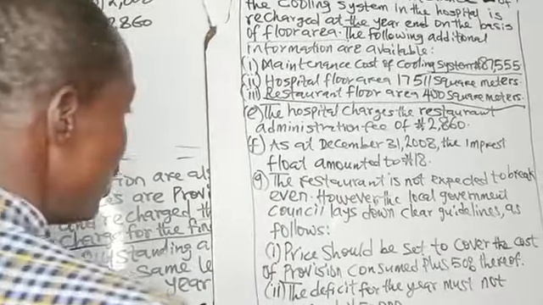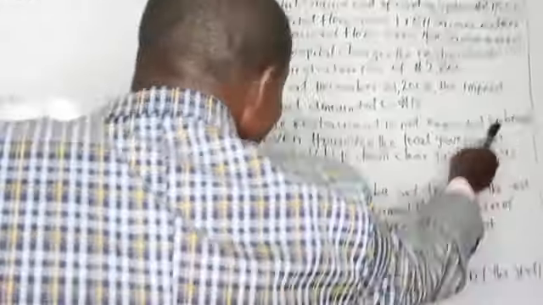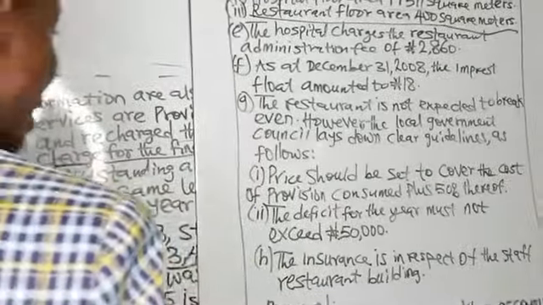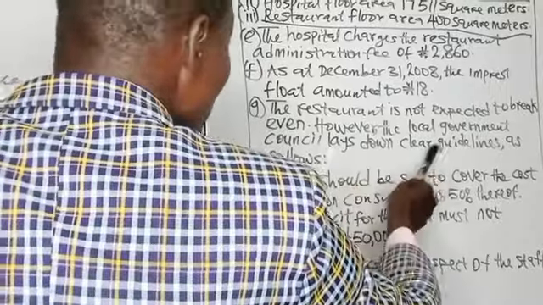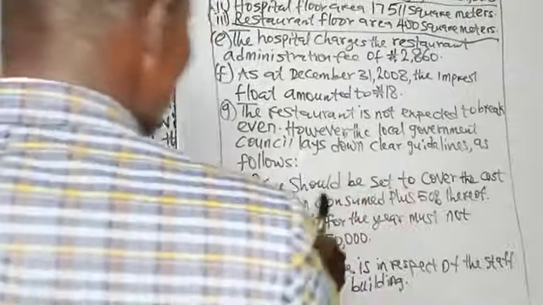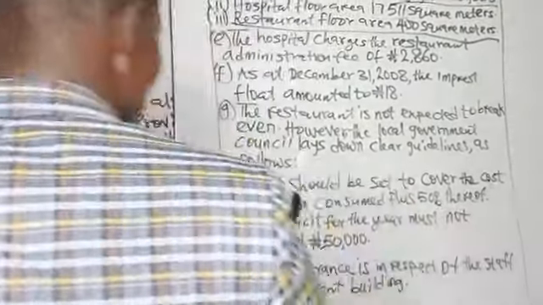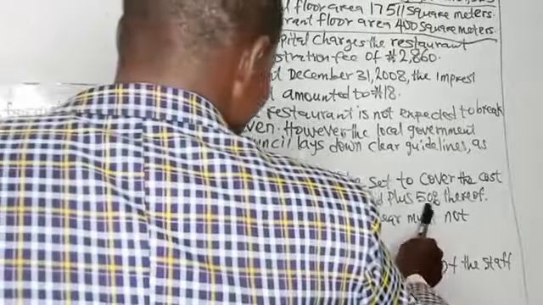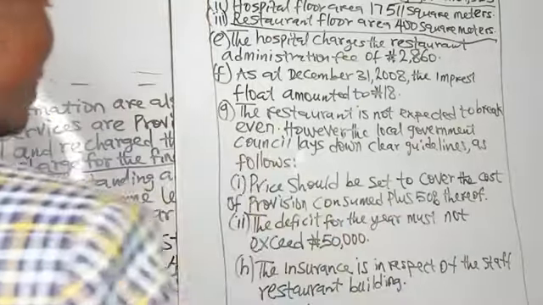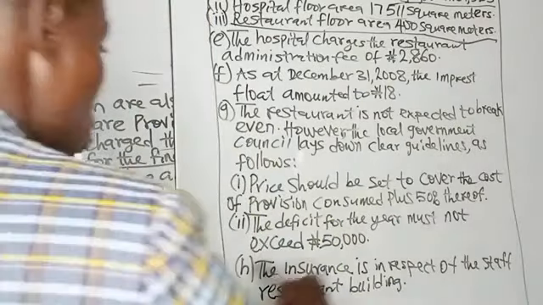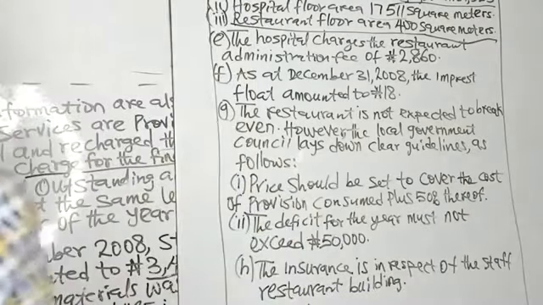Note G. The restaurant is not expected to break even. However, the local government council lays down clear guidelines as follows. Price will be set to cover the cost of provisions consumed plus 50% thereof. This is the basis of setting the price, and you have been given the sales revenue, so this information is not useful here.